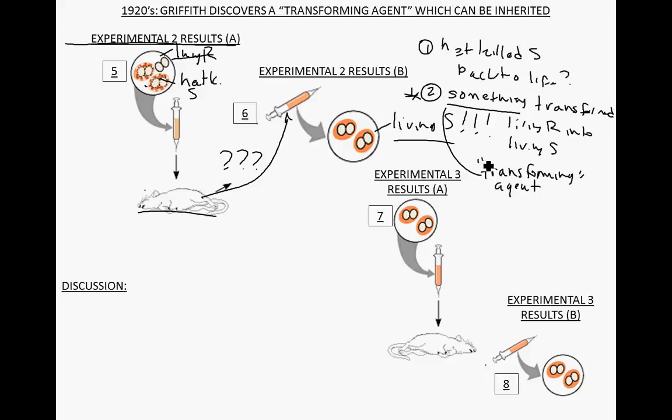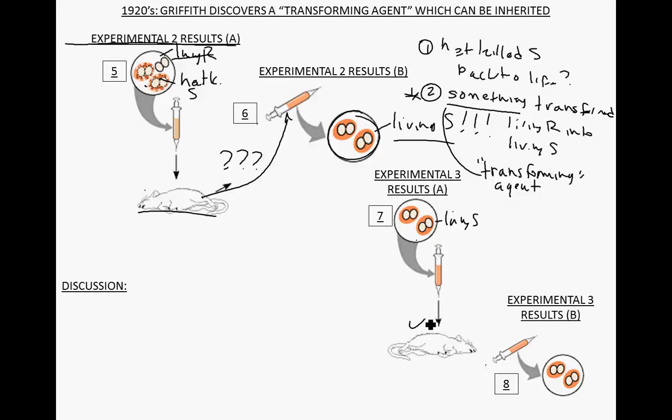Not only that, but then he goes further. He takes this sample that he extracted from these dead mice with living S in it now, and he injects the living S into subsequent mice, right? And he would predict, based on his positive control, that living S should kill the mice, and of course they do kill the mice. Right?